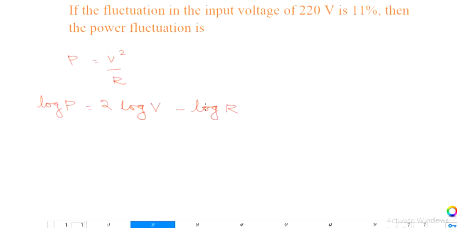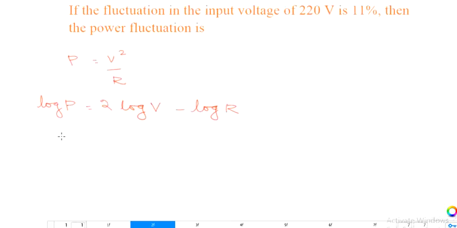In this case, voltage is varying and R is constant. Resistance is constant for the appliance. For example, a fan or a bulb, whatever it may be, the resistance of that instrument is constant. Therefore, it depends on the voltage or current only. So this term will become 0 when you proceed further.